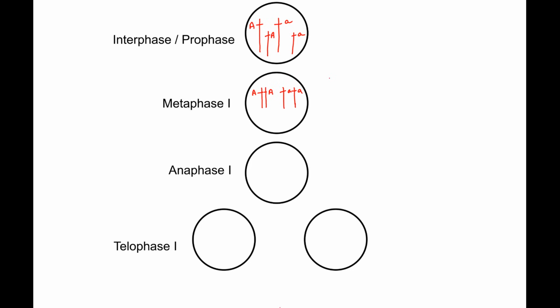These will separate to the poles in anaphase 1, and will be divided into daughter cells in telophase 1. At this point, the different alleles have already been segregated into different cells.